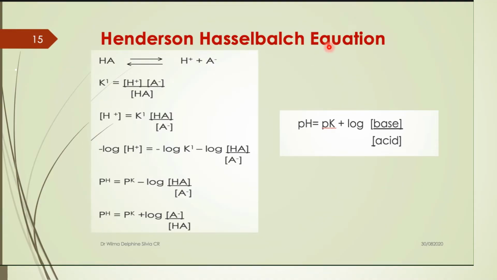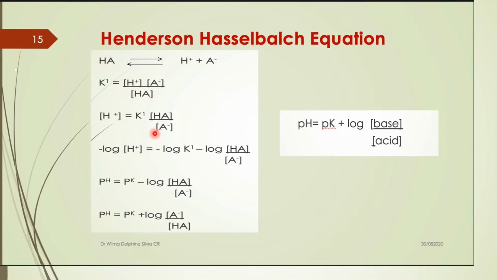The Henderson-Hasselbalch equation is another aspect which is required to understand acid-base balance. Consider a reaction here with HA as a weak acid which dissociates to form hydrogen and the base. According to the law of mass action, the rate of the reaction is directly proportional to the product of the molar concentration of the reactants, and the ratio of the product of the molar concentrations of the products to that of the reactants is constant.